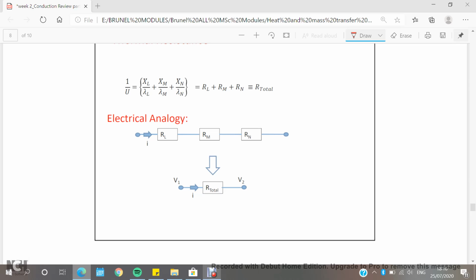If I have 3 series resistances, R1, R2, R3, and a current here, and we have 2 points, point A and point B, with a voltage difference V1 and V2, to calculate the total resistance in series, we can sum all of these resistances and get R total.